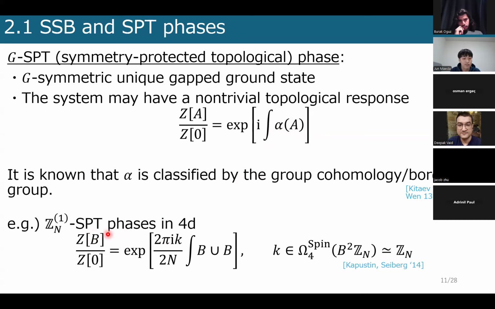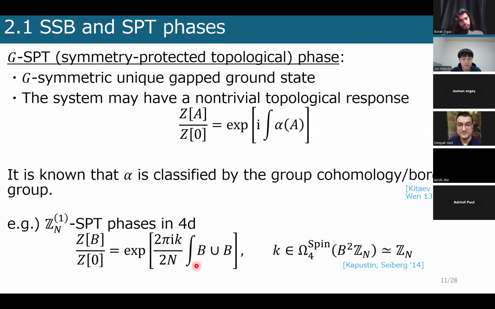So let us consider SPT phases in 4D, which are protected by Z_N one-form symmetry. Here, this one means one-form symmetry. And an SPT phase protected by Z_N one-form symmetry is characterized by this bordism group, which is equivalent to Z_N. So it means an SPT phase is labeled by some element of Z_N.